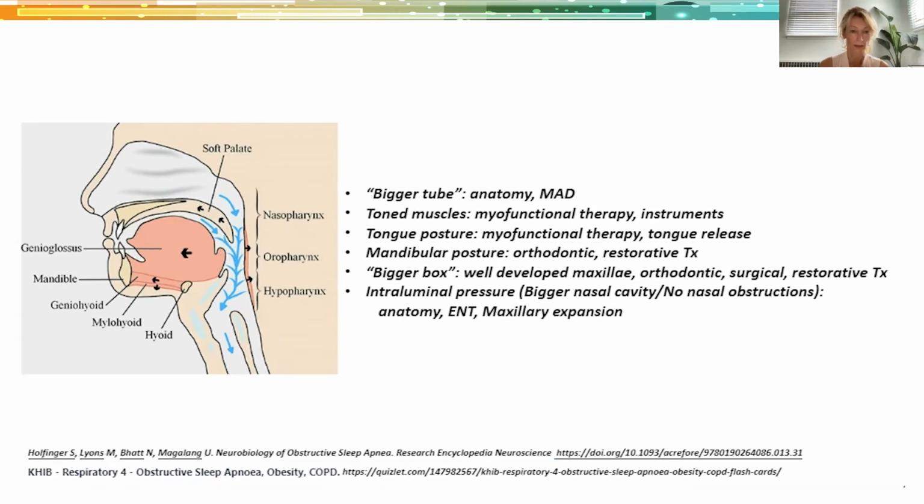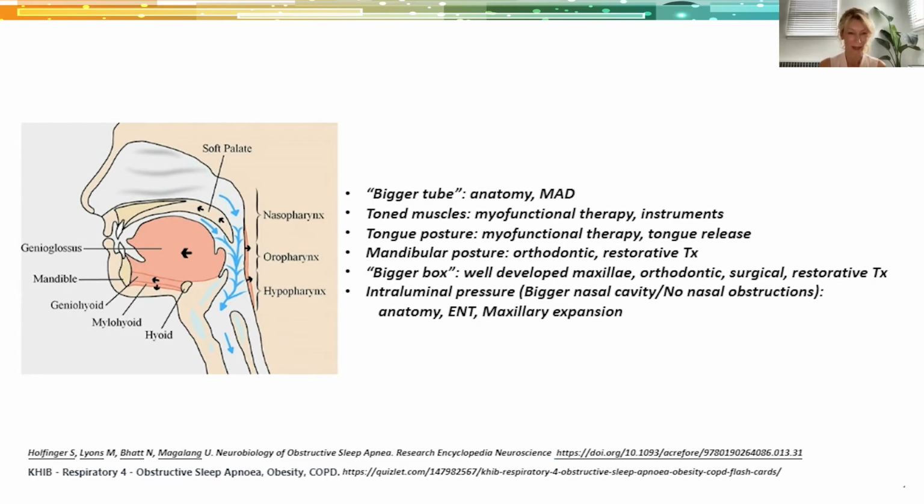However, they do collapse, they do obstruct. And as I said, this is because that condition could be multifactorial, might not be just anatomical, could be one of the other mechanisms. So that is why those appliances that we make for those patients don't work every time. But having a bigger tube is a good prerequisite for a possibly healthy patent airway. So it's a good thing to have a bigger tube.